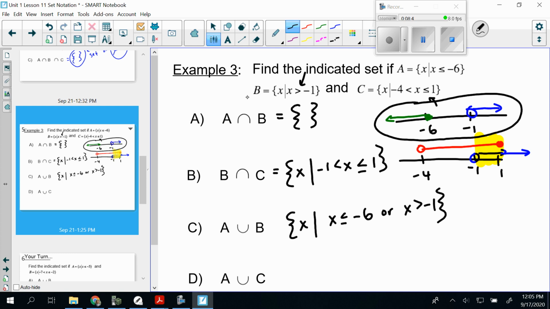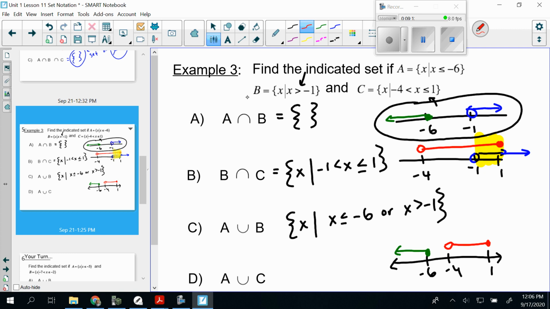D, now we're looking at sets A and C together, and it's the union of those. So again, let's graph those out quickly here. A, we know, is these points that are less than -6. C again is this graph from -4 to 1, not including -4, but including 1.